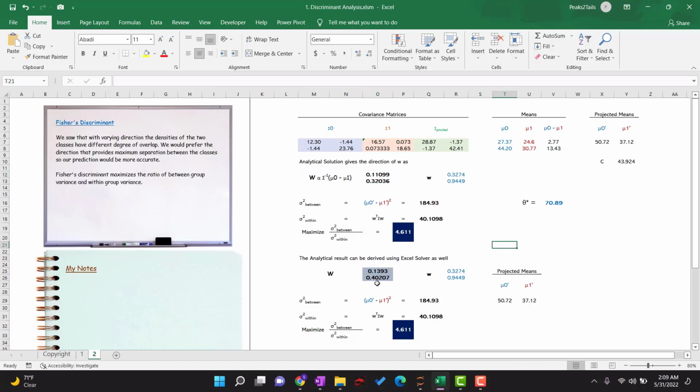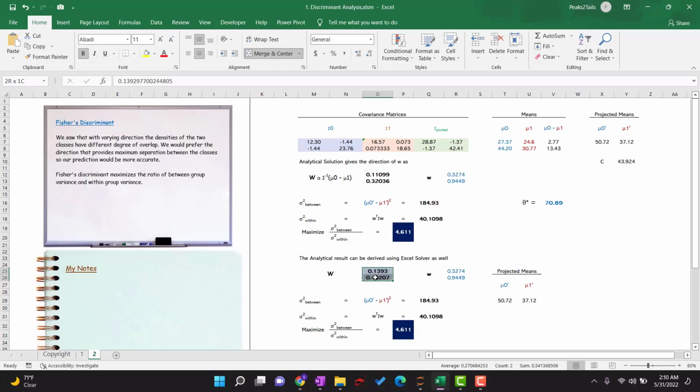So basically you'll assume some random W with some seed values. Okay, and this is the unit vector. Sigma square between you can calculate. So taking this W and this unit vector, what will be my projected means, that you can calculate. Take the square of that, and sigma square within also you can calculate for this particular W. Okay, and then take the ratio and maximize it.